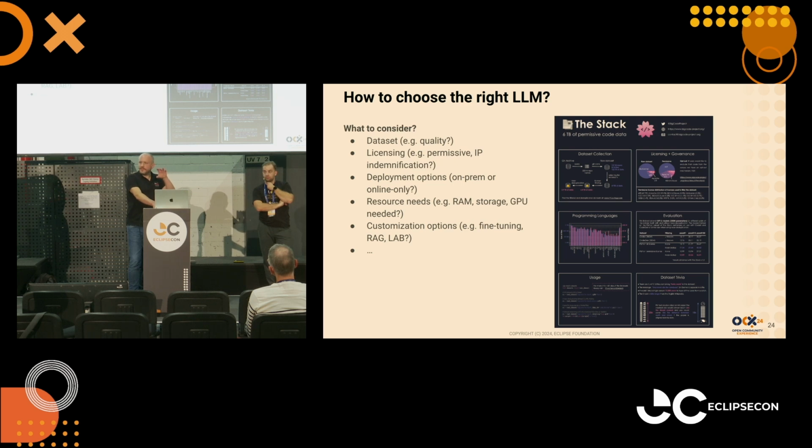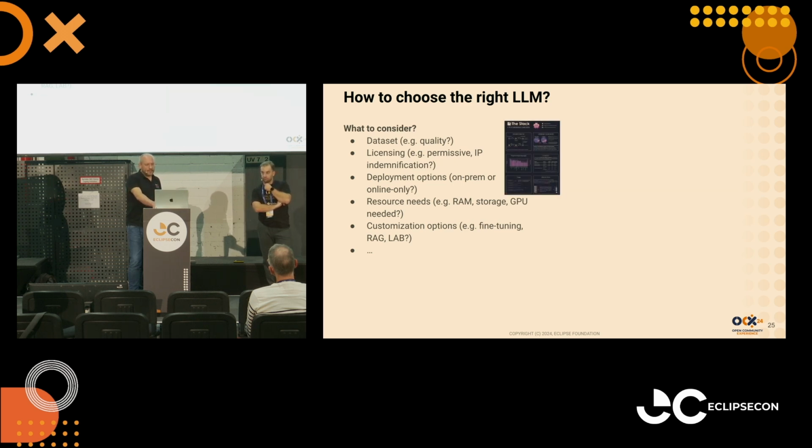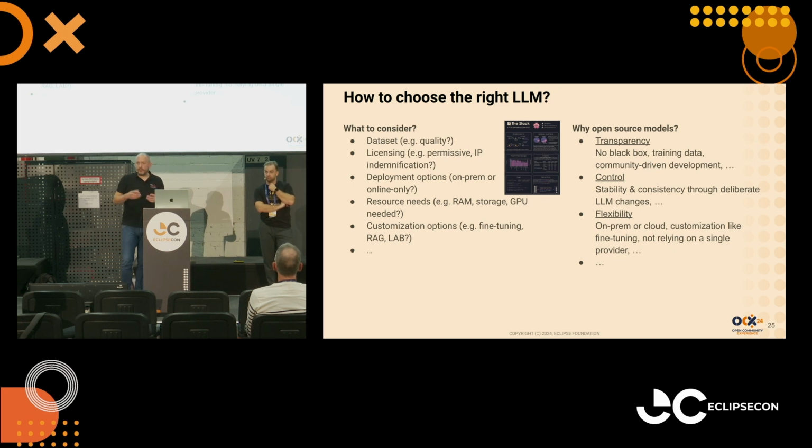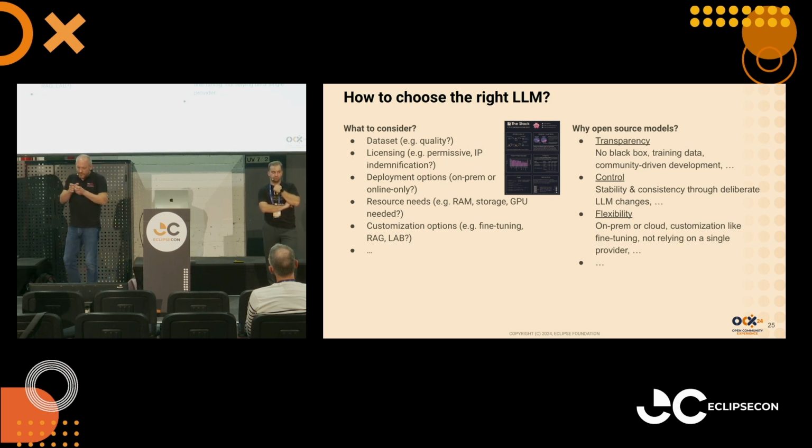And when you read all this, it also becomes clear that perhaps you want to go with an open large language model, and there are open models available. First advantage is transparency: no black box, you know which data has been used for training, and you have community-driven development. You have control, so stability and consistency through deliberate LLM changes.